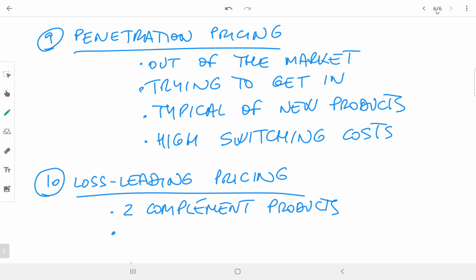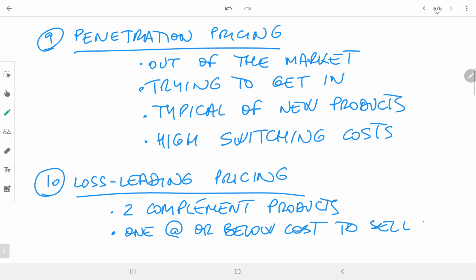So 2 complement products, and we're selling one at cost or below cost to sell the complement product, right? So one at or below cost to sell the other.